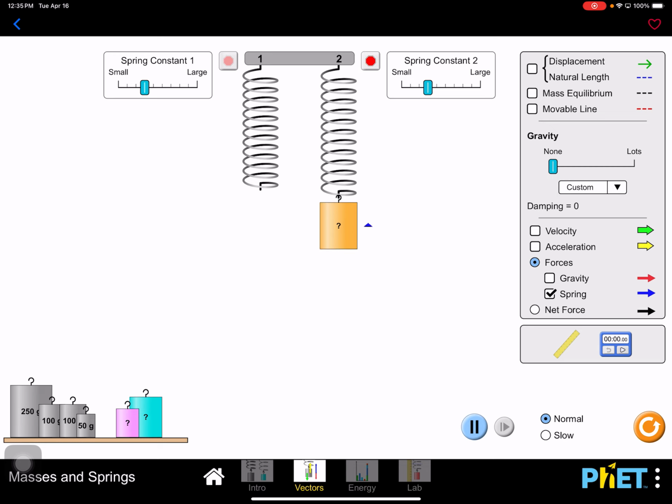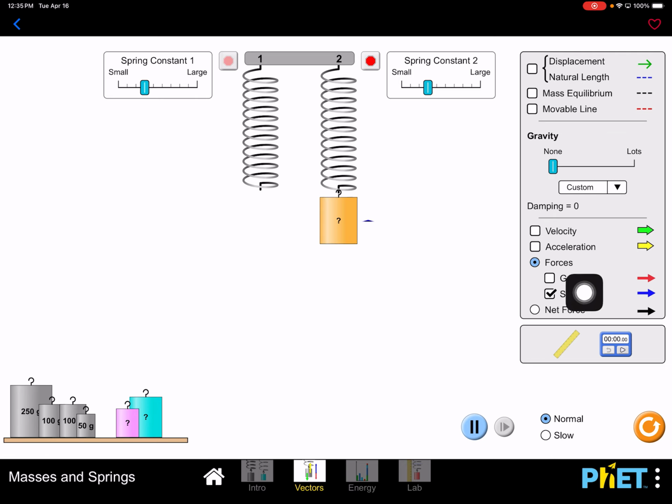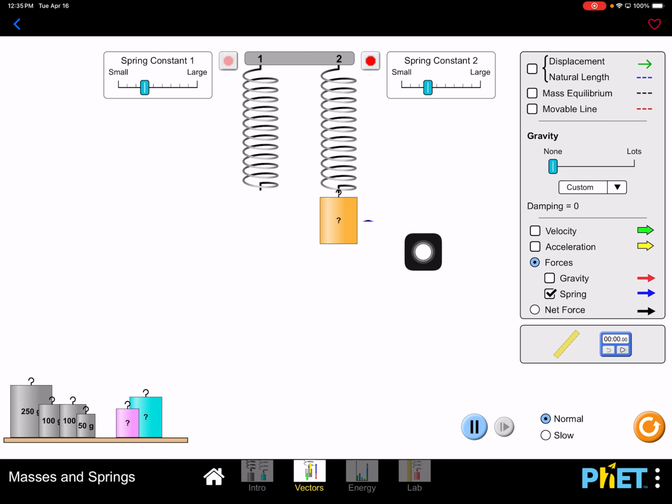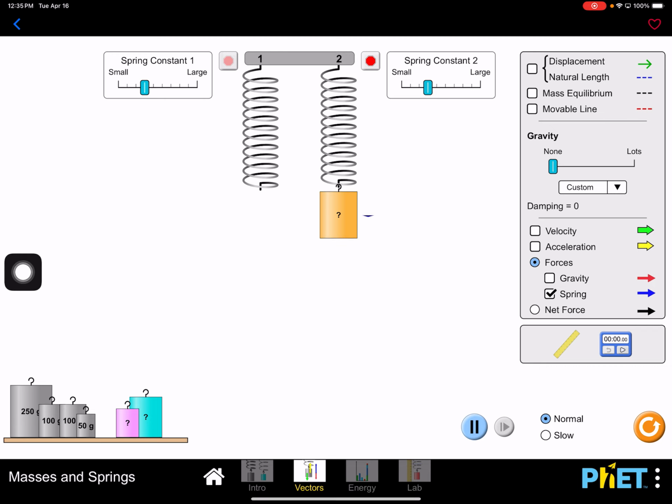So here's what you need basically for an oscillating system. We are dealing with no gravity, meaning we are doing this experiment, let's say, in space, in the International Space Station. So the only force acting on this mass is the spring force.